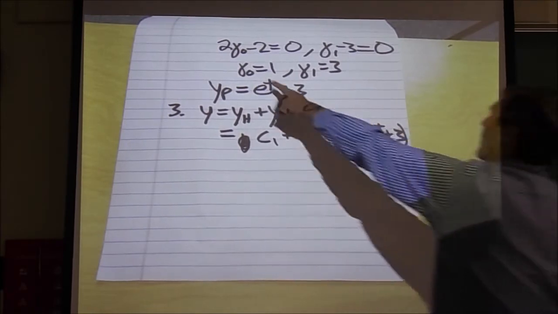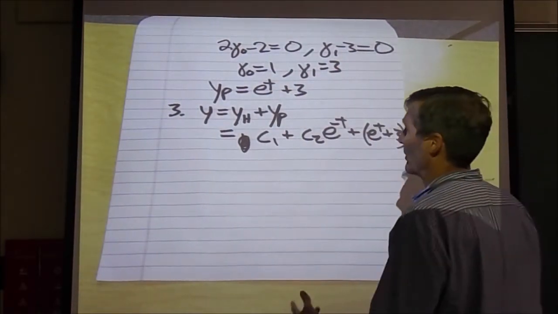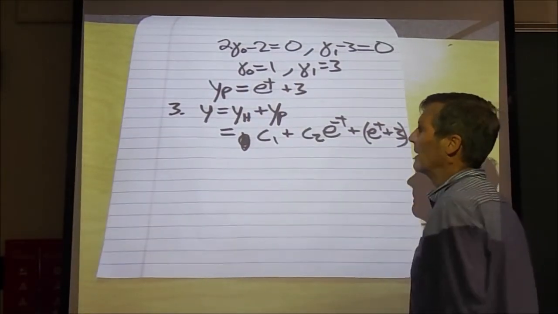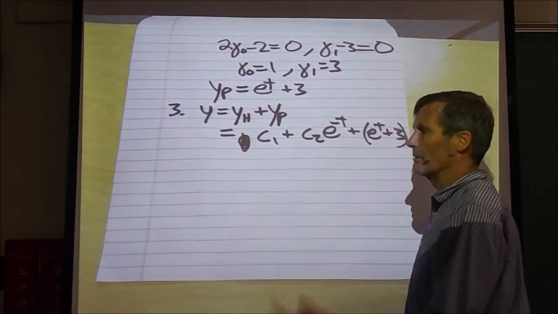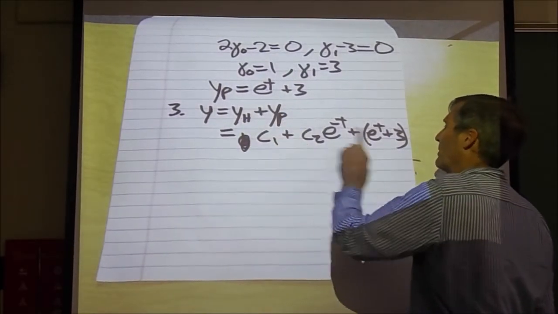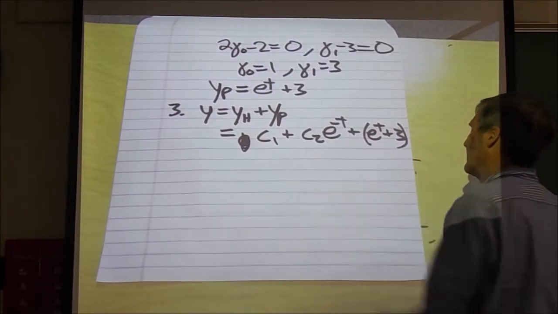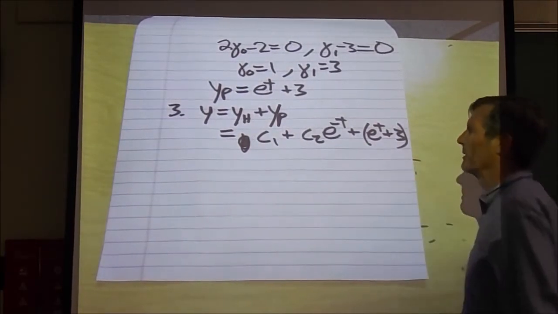Gamma 0 must be 1, and gamma 1 has to be 3, right, out of these two equations. Consequently, putting those back into yp, I get 1 e to the t plus 3 is a particular solution. Now, if I have the general solution of the homogeneous problem, and the particular solution here, I just add them together. Here is the form of all solutions to the non-homogeneous problem. There's our general solution that we were looking for.